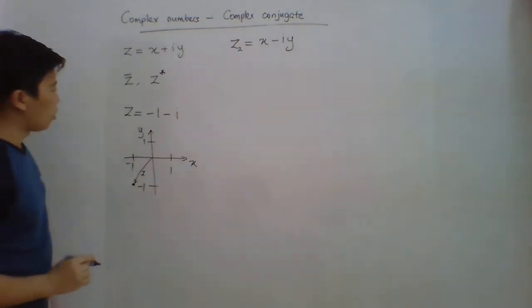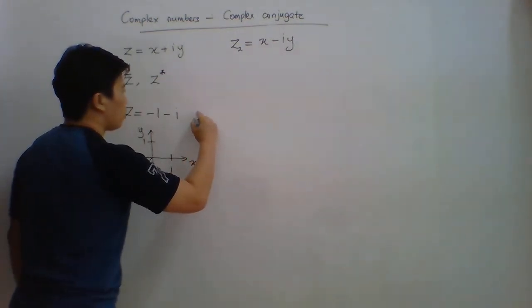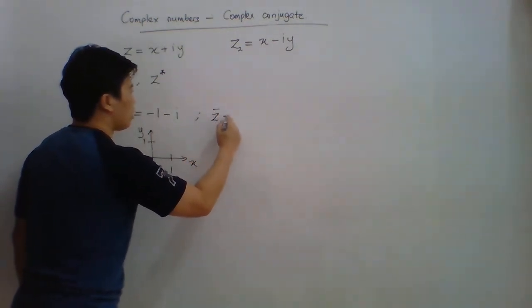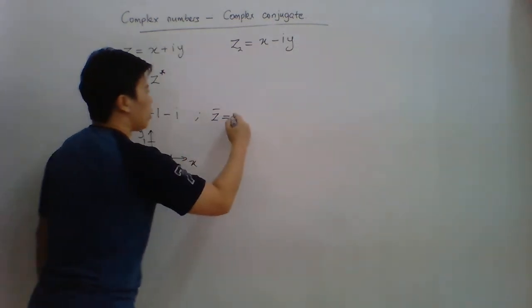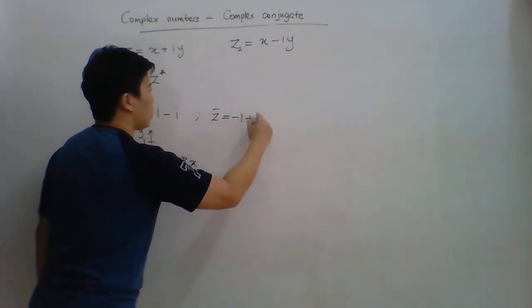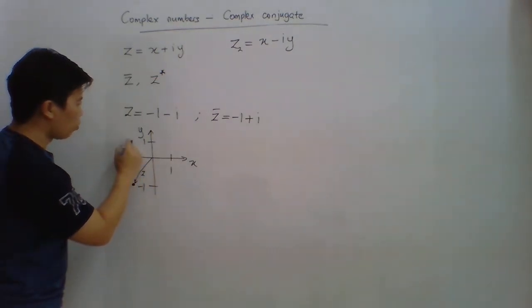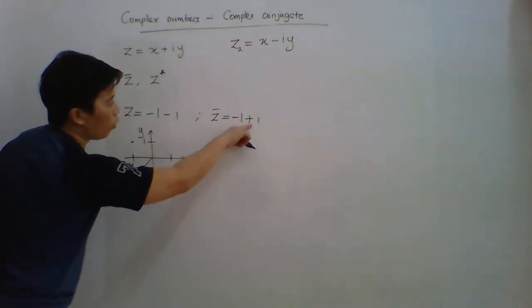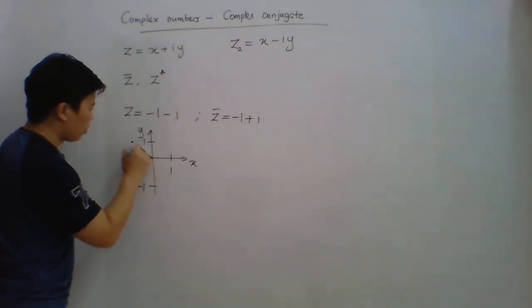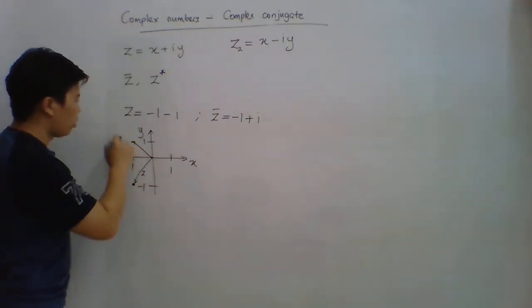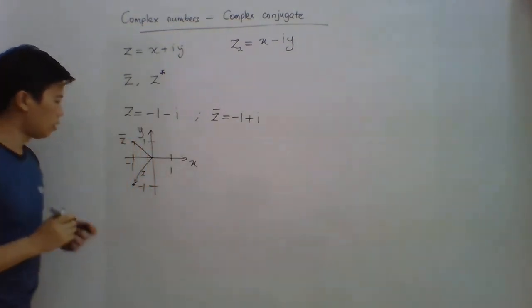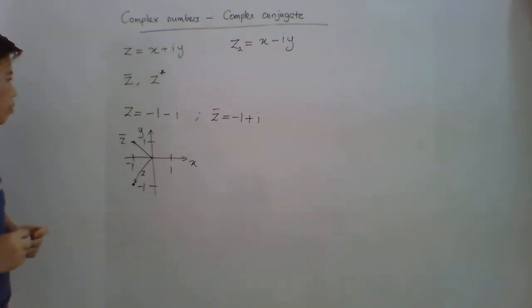Now if you take the conjugate of this, this is going to give you negative 1 plus i. So over here you have negative 1 plus 1, because now your y is equal to 1. Right. So now this is z bar.